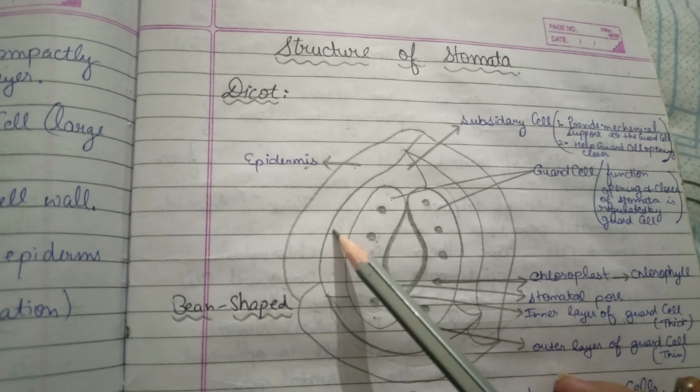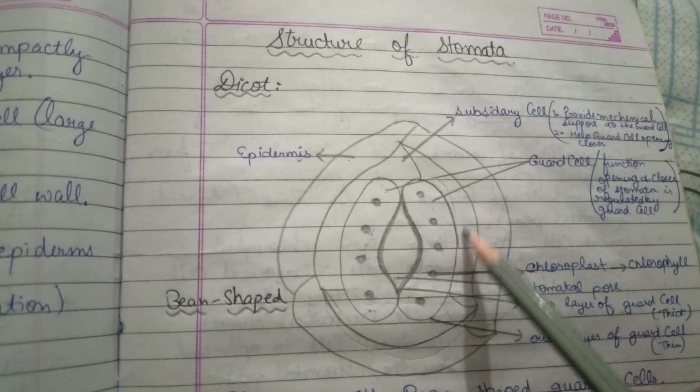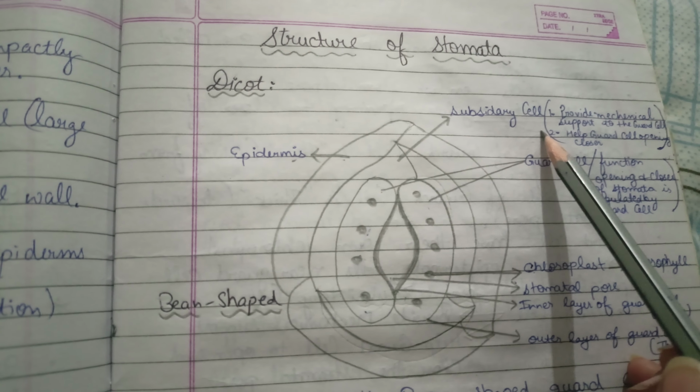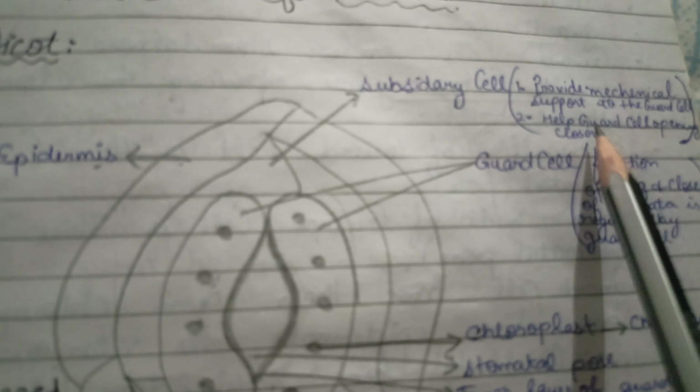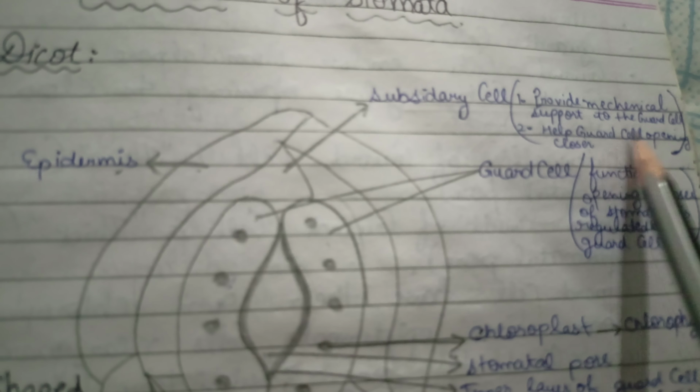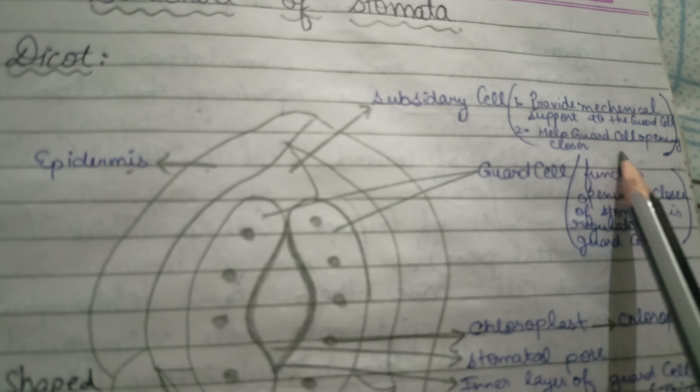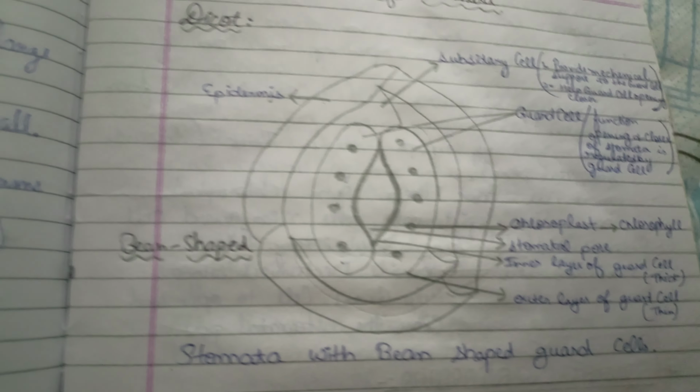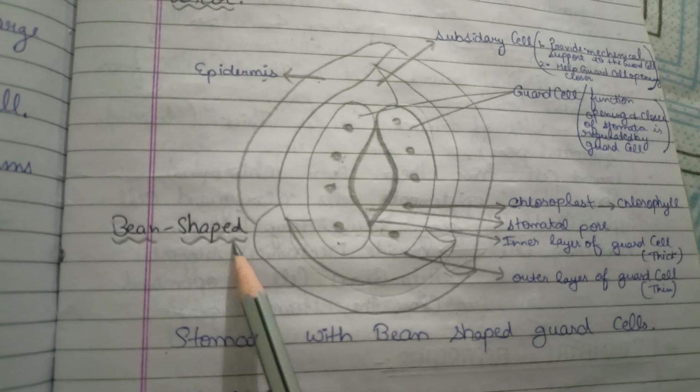Around these guard cells some special type of cells are also found, called subsidiary cells. What is the function of subsidiary cells? They provide mechanical support to the guard cells and help in their opening and closure, right? So this is the bean shaped cell.